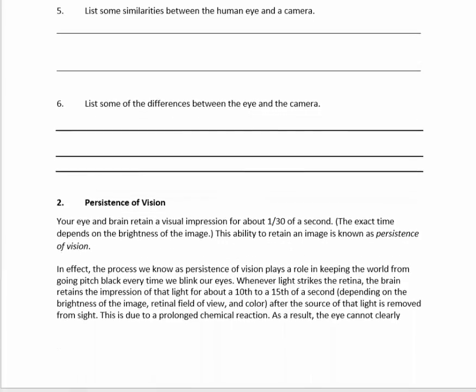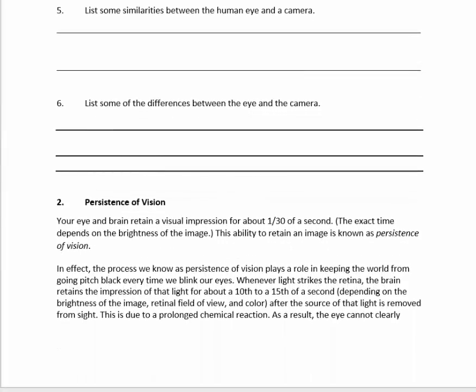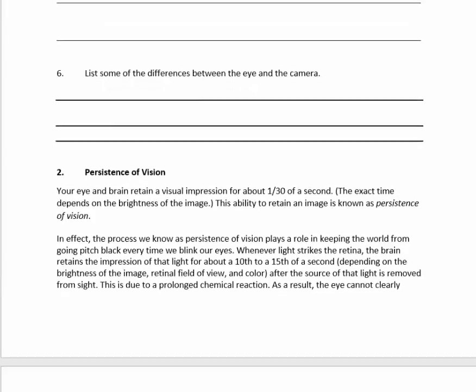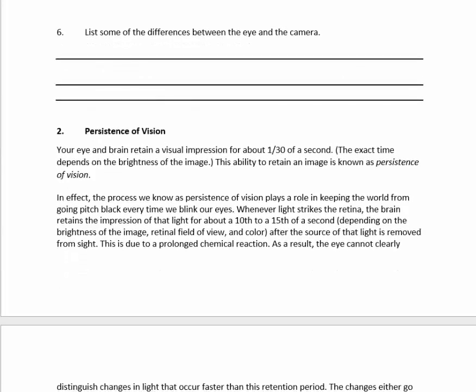Now let's talk about persistence of vision. You know what that is. When you look at some object for some time, and if you look away, the image of that object actually stays in the brain for a short period of time, depending on the brightness of the image. I'm sure most of you have actually seen it.